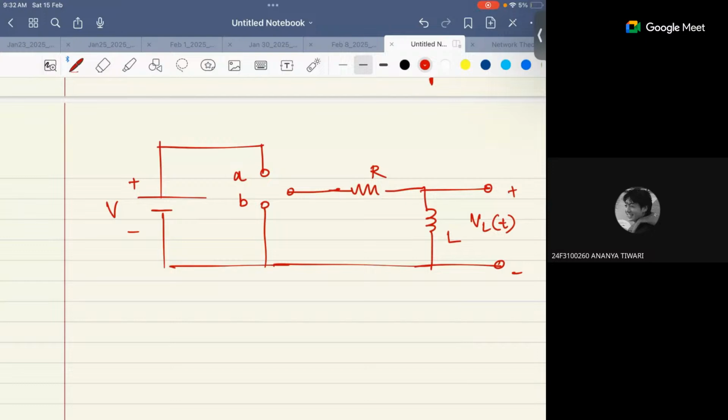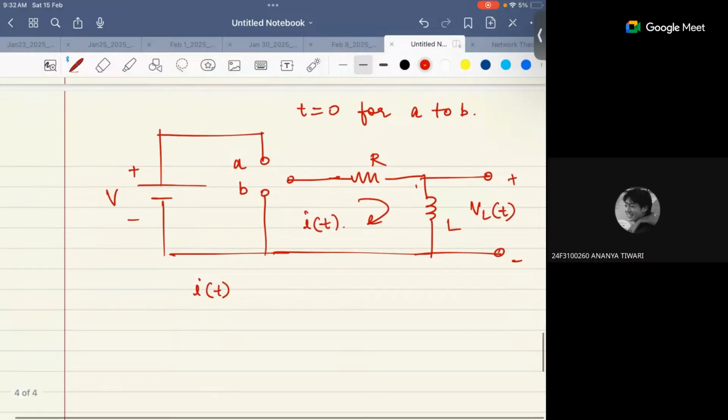At t equals 0, the switch S is moving from position A to B. Now you have to calculate I of t, which is basically the current through the inductor. How will you calculate this?